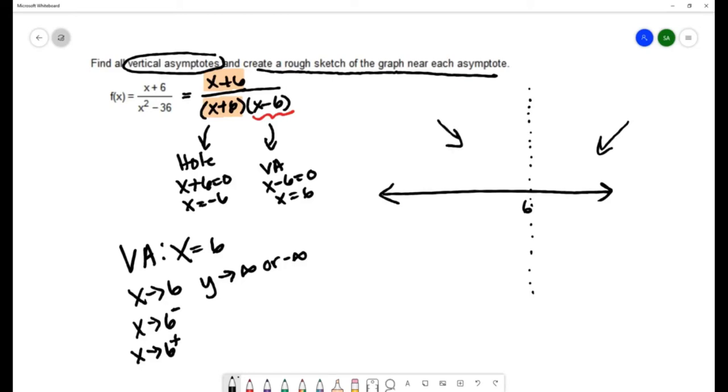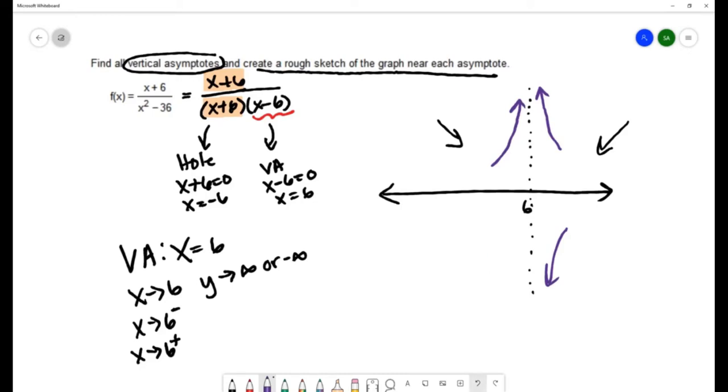But we know that y will go to infinity or negative infinity, we just don't know which one. So we don't know whether we should sketch the graph approaching infinity or negative infinity from above, or from below. That's what we need to figure out, which way we should sketch it.